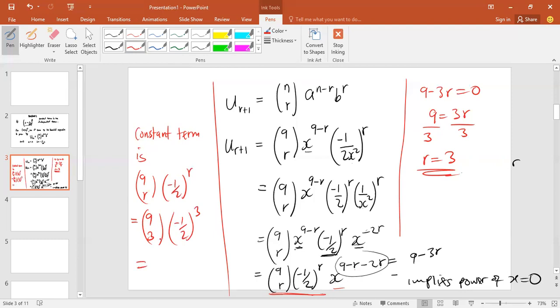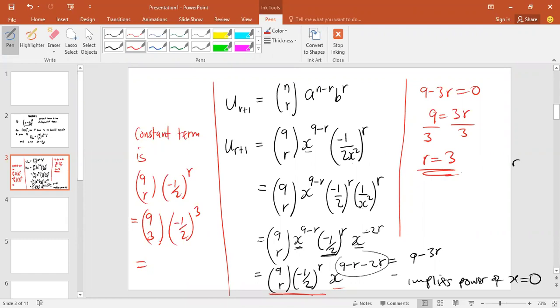Then what do we get for 9 combination 3? I don't have a calculator. What is 9 combination 3? 21? No, it's 9 combination 3.